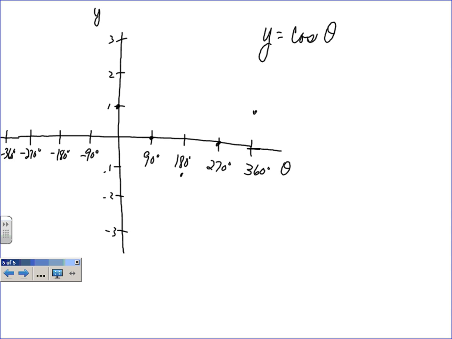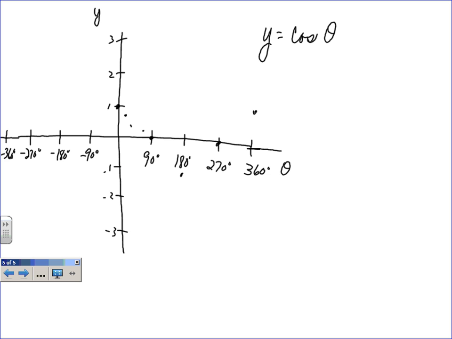Well, it's not going to be a jagged line. How about the cosine of 30 degrees? Square root of 3 over 2. And that's somewhere up in here. Cosine of 45? Square root of 2 over 2. Cosine of 60? Okay, so about here.